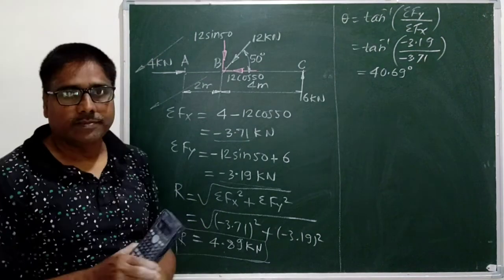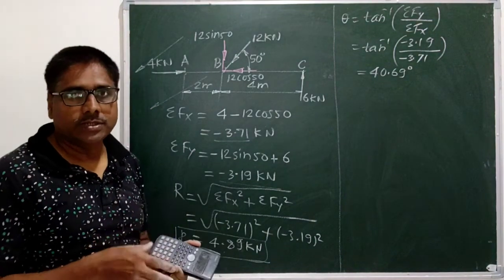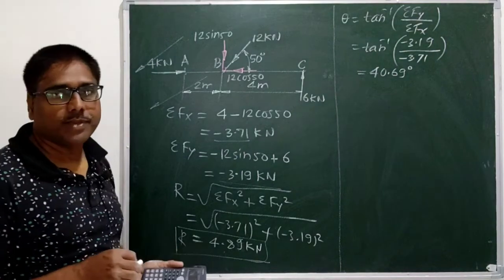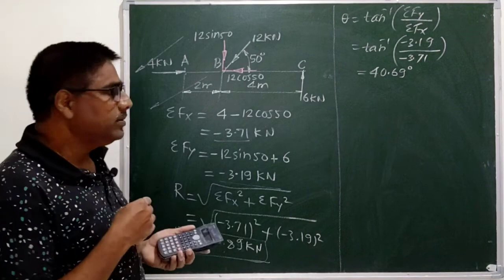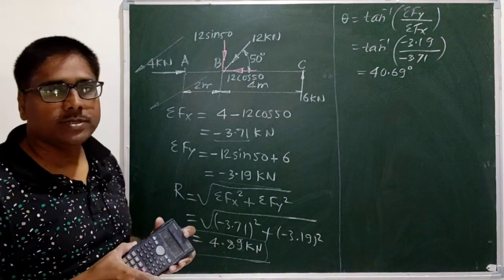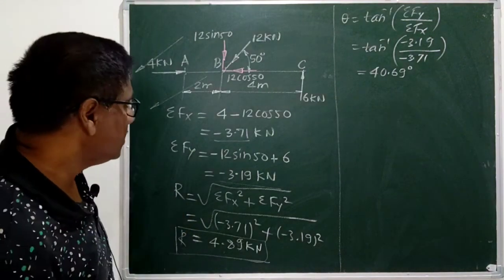For that, let's apply Varignon's theorem of moments. It gives the location of resultant. We have to take algebraic sum of moments of all the forces and moment of resultant. What is Varignon's theorem? The algebraic sum of moments of all the forces about any point is equal to moment of their resultant.